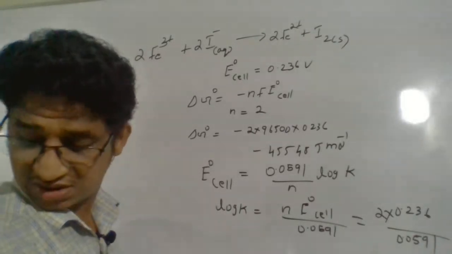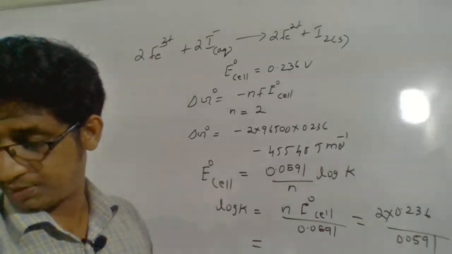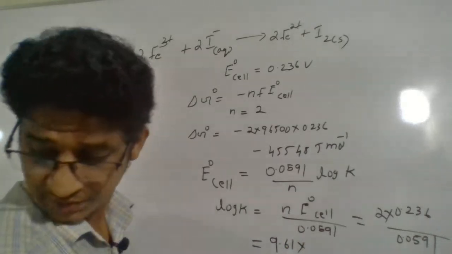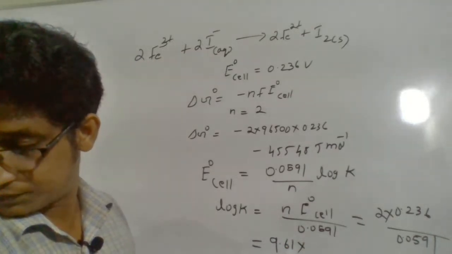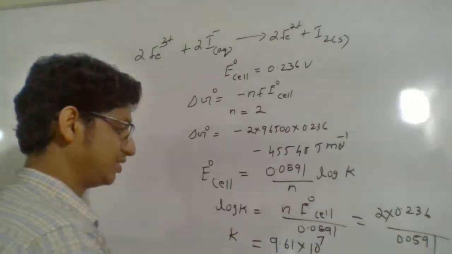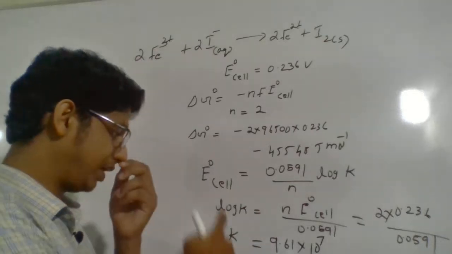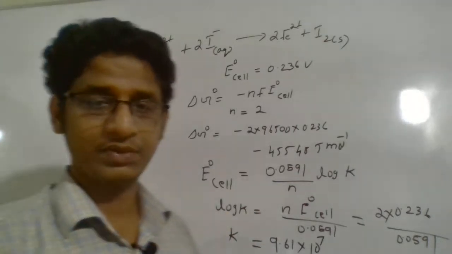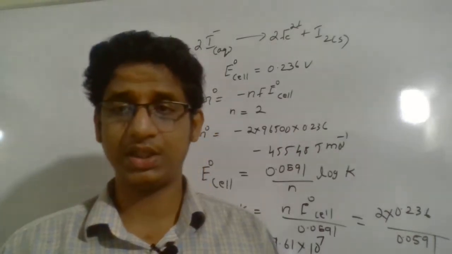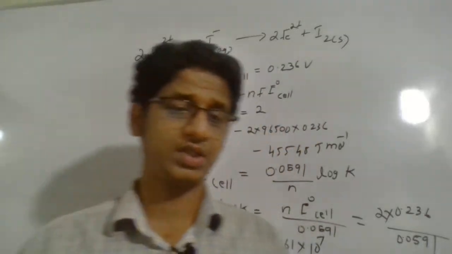So you will get a value of around 9.61 into 10 raised to 7. That is the value for the equilibrium constant. So after finding log K, you have to take the anti-log to obtain the equilibrium constant. So that's the problem related to the EMF of the cell and the equilibrium constant.